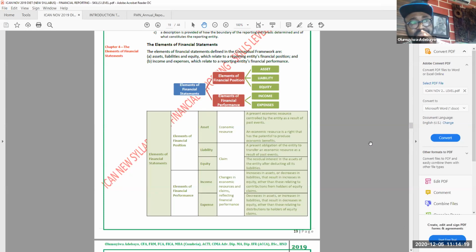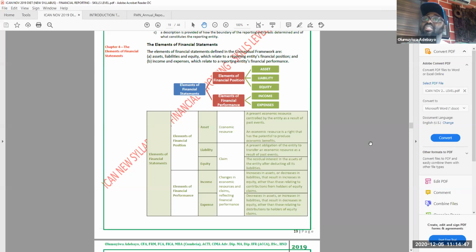Finally, we'll talk about expense. Expense and income can be classified or categorized as changes in economic resources and claim, which impact equity, and that is used as a measure of financial performance. Now, the reverse of an income is an expense. Remember, income brings about increase in equity, but expense will bring about what?